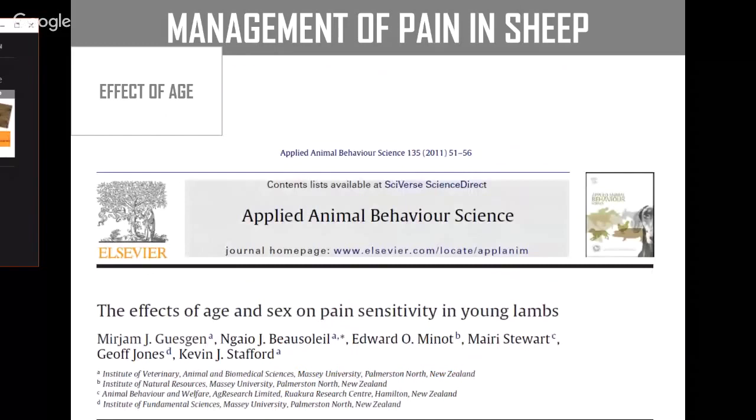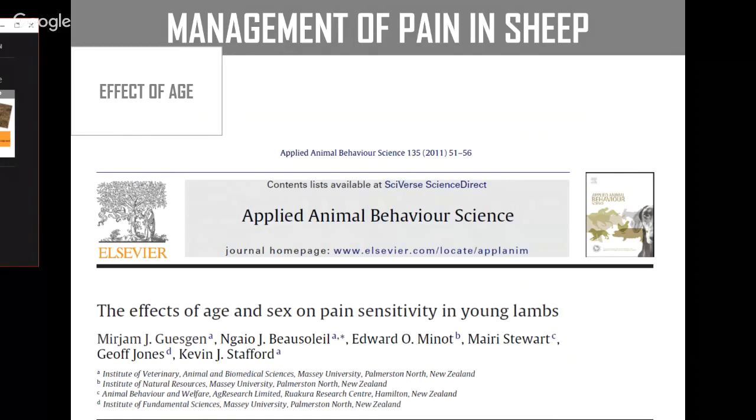This is a rather interesting phenomenon that has been shown in several papers, and this is one of them, for example. This paper shows that pain sensitivity changes with age, but it does so in a different direction depending on whether you are looking at male or female lambs.